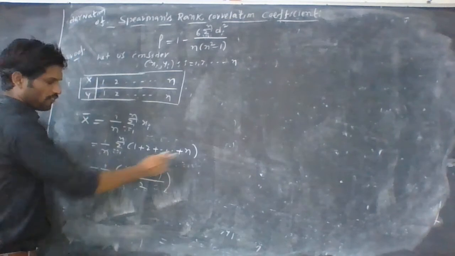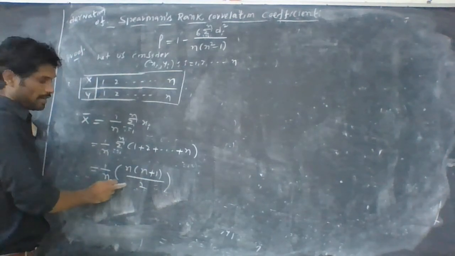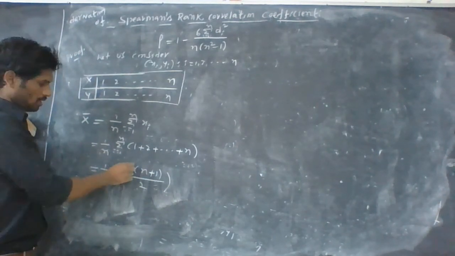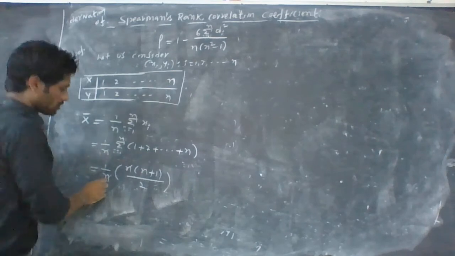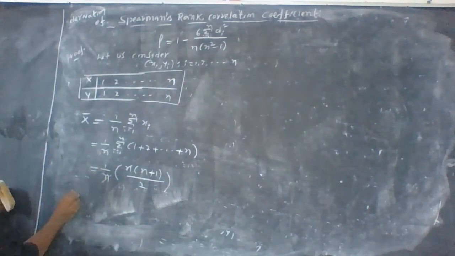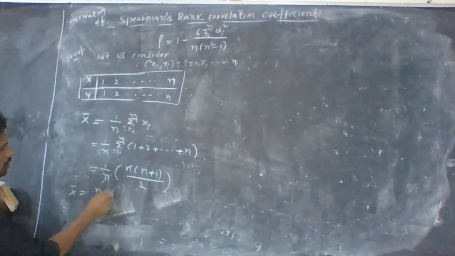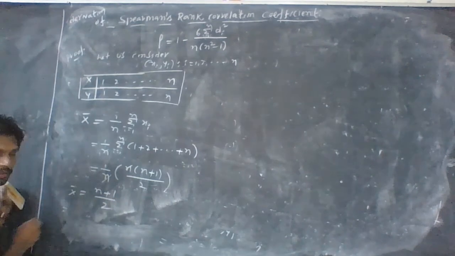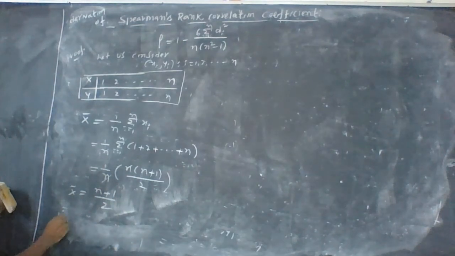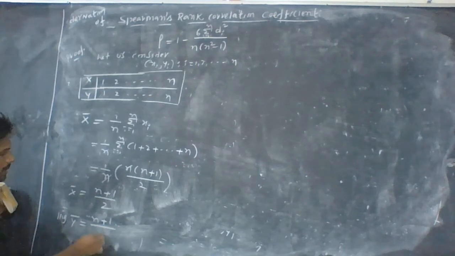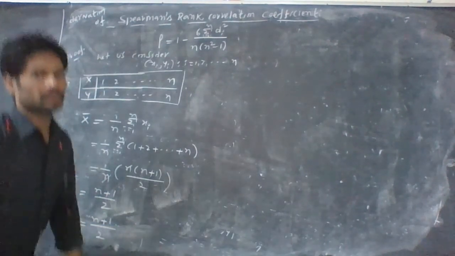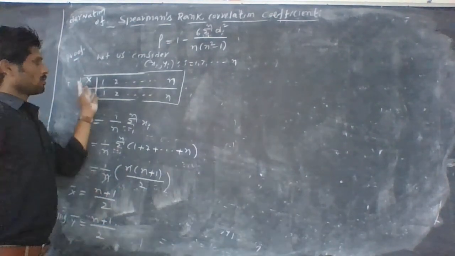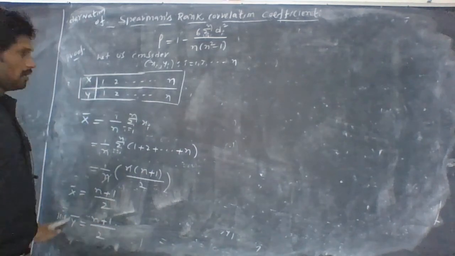The sum of the first n terms, the formula is given by n into n plus 1 by 2. The n will cancel, so x bar is equal to n plus 1 by 2. Similarly, y bar is also n plus 1 by 2.